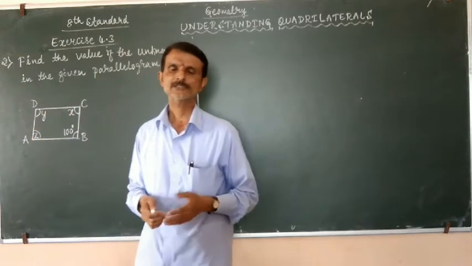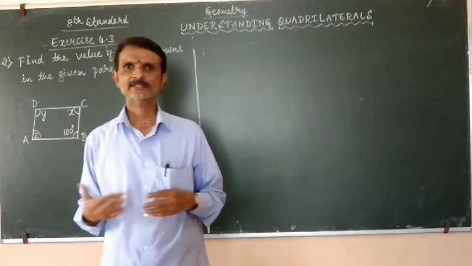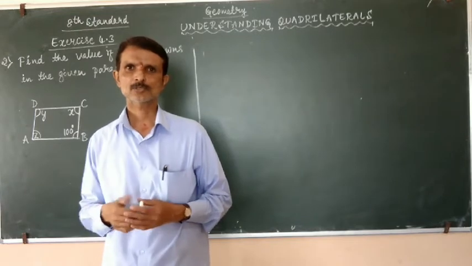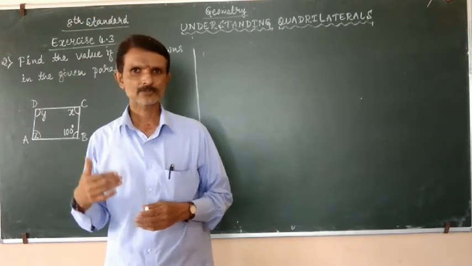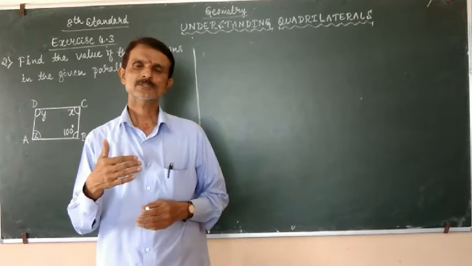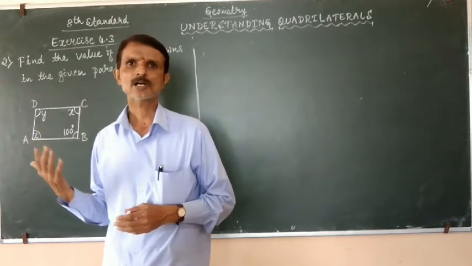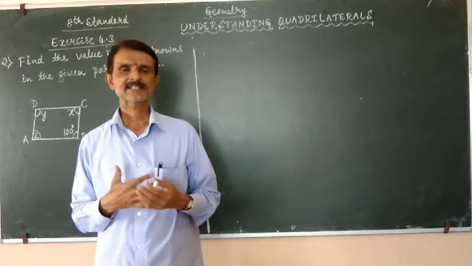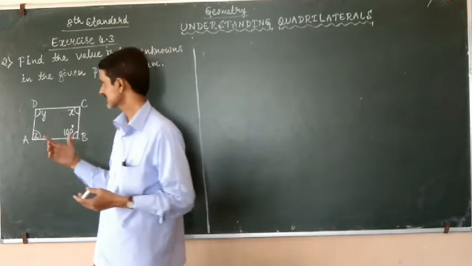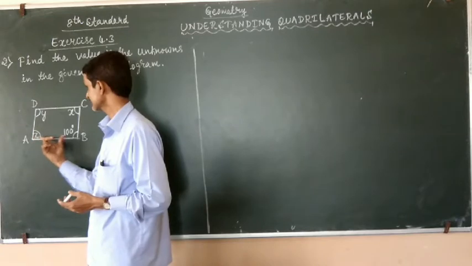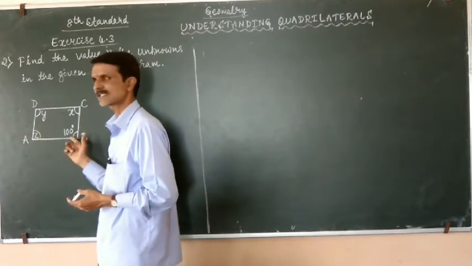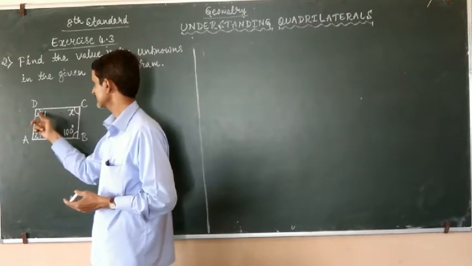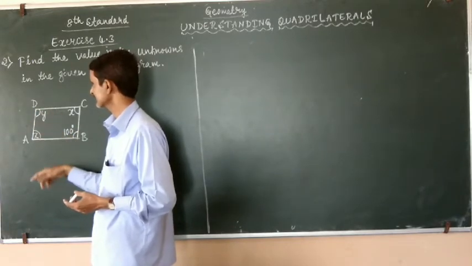So here we are going to use the angle property of the parallelogram. So already we know, students, the opposite sides of a parallelogram are equal, and also the adjacent angles are always supplementary, and the opposite angles are equal.